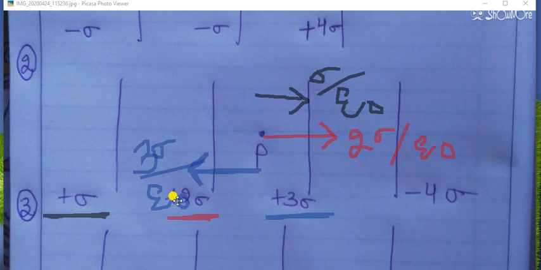These are very important questions, and I hope you will pay attention to them so that you can crack some exams. For this minus 4 sigma I am taking this color, and for minus 4 sigma the electric field will be in this direction. So here three vectors are in the same direction. Its magnitude is 4 sigma by epsilon naught.